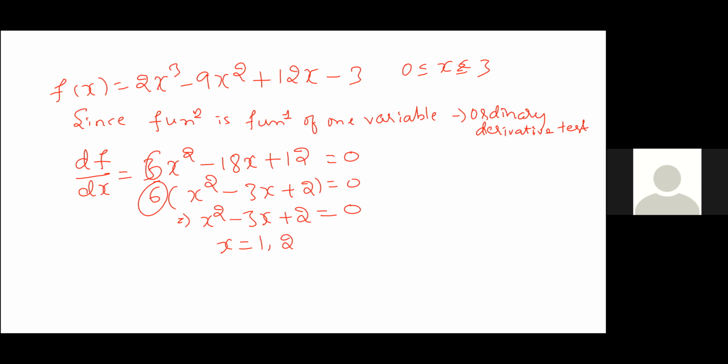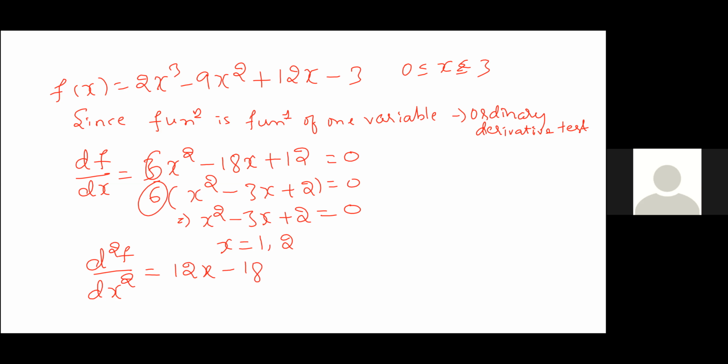So now we have to find out d square f by dx square. The derivative of df by dx with respect to x will become 12x minus 18.